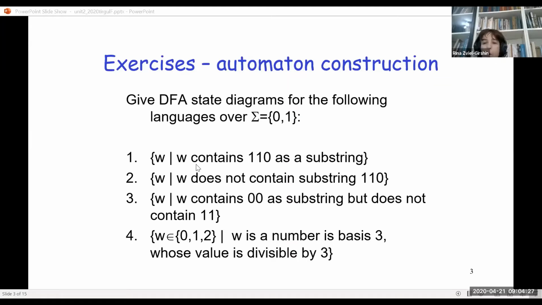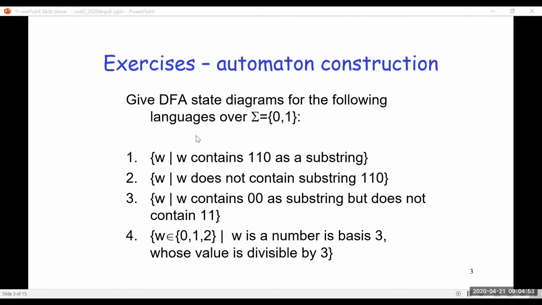So now I would like to accept all words W that do not contain substring 110. So once again, what I'm looking for is 110, and if I found 110, now I would like not to accept the word.